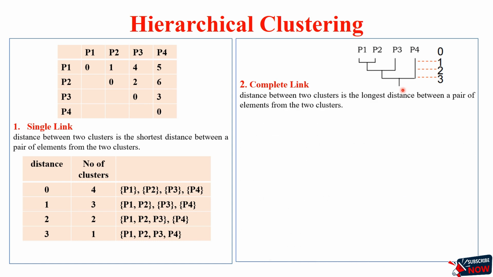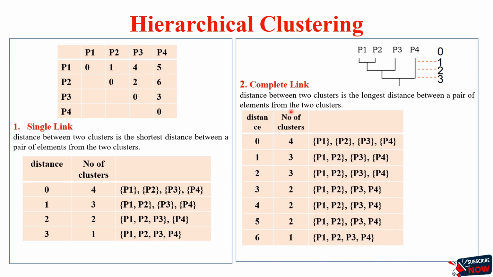Next, complete link. The distance between two clusters is the longest distance between a pair of elements from the two clusters. Now here, when the distance is 0, there are 4 clusters. When the distance is 1, we are able to merge P1 and P2.